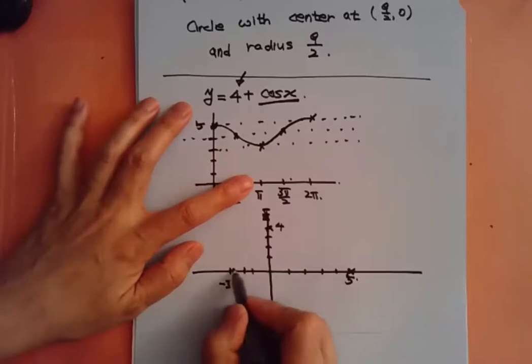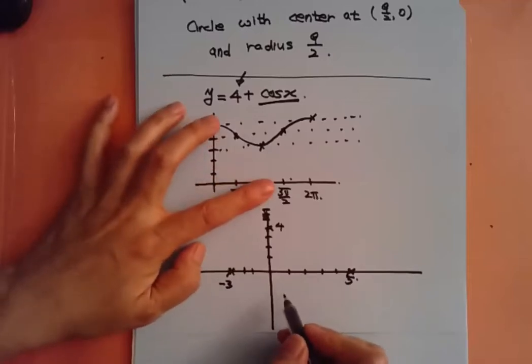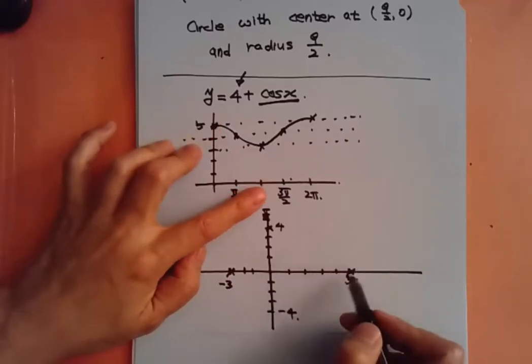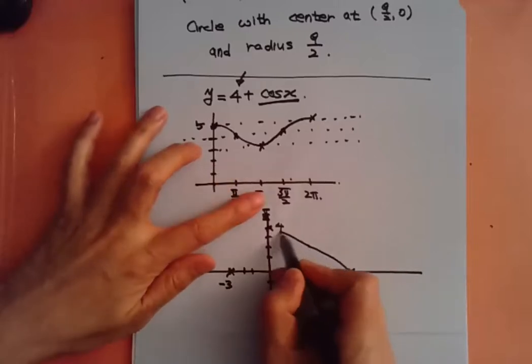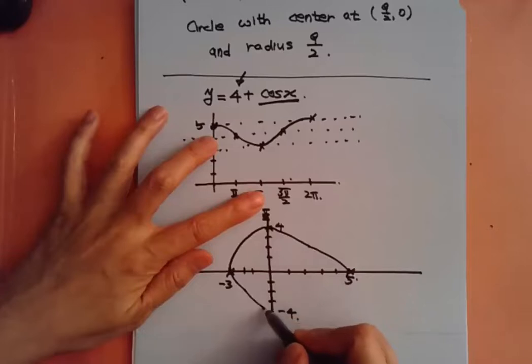So it hit -3. And when it becomes 3 pi over 2, the distance is 4. 1, 2, 3, 4. This is -4. And then when that is 2 pi, that is 5. And so the graph will look like this.